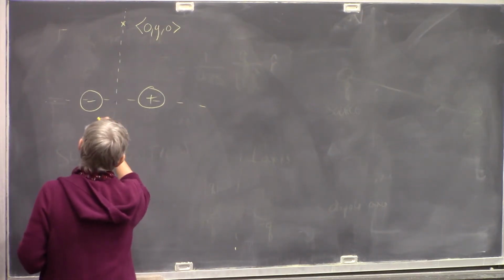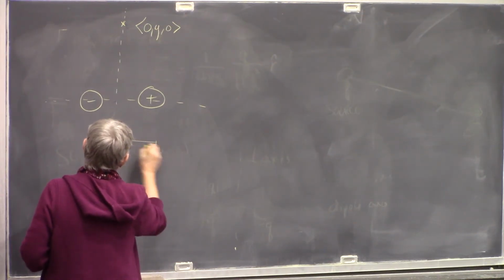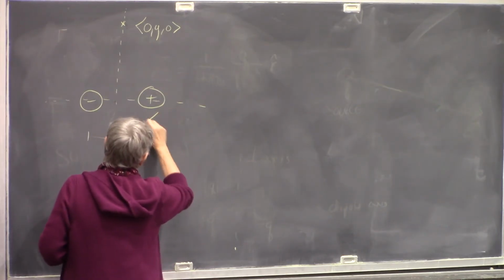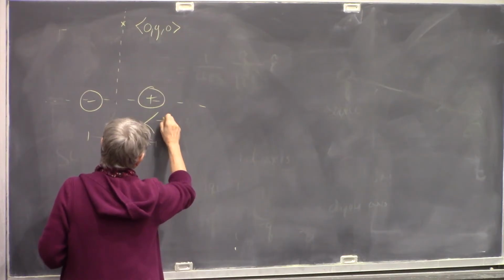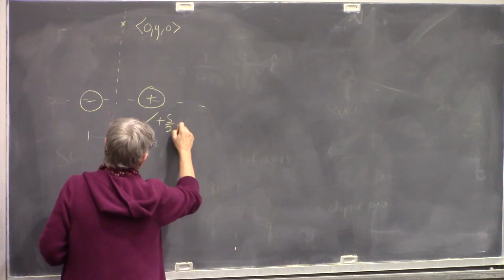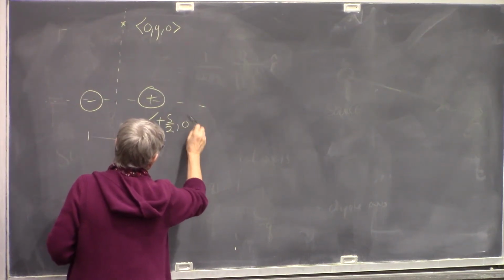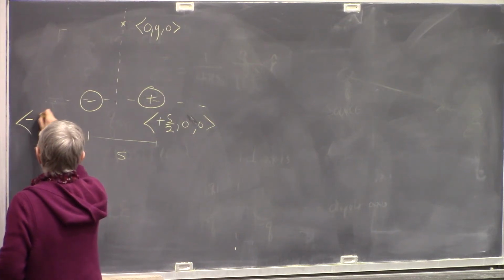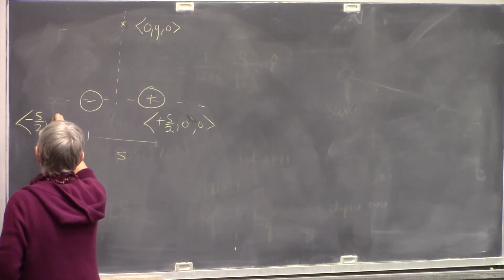Since the distance between the particles is s, that means the location of the positive charge is <+s/2, 0, 0>, and the location of the negative charge is <-s/2, 0, 0>.